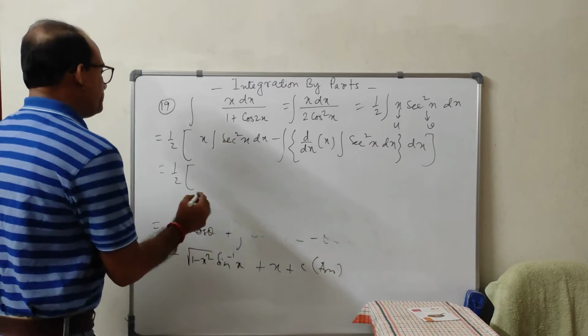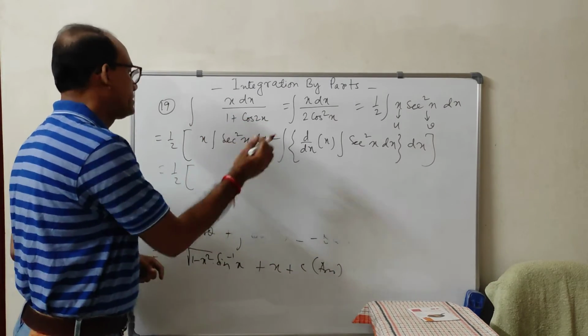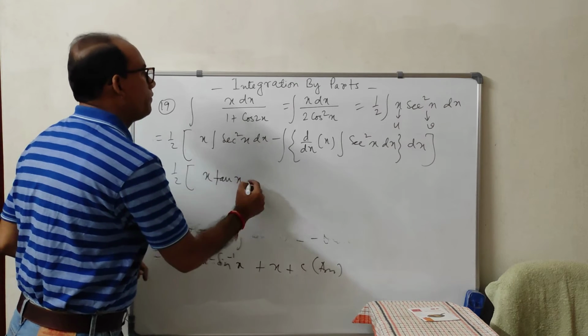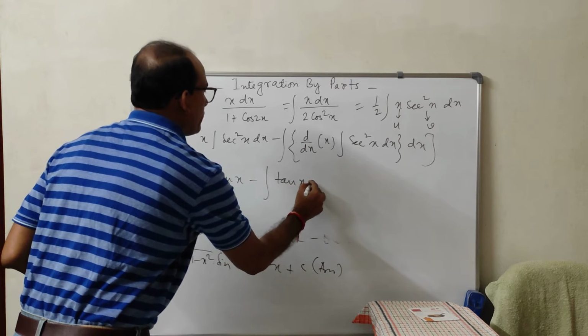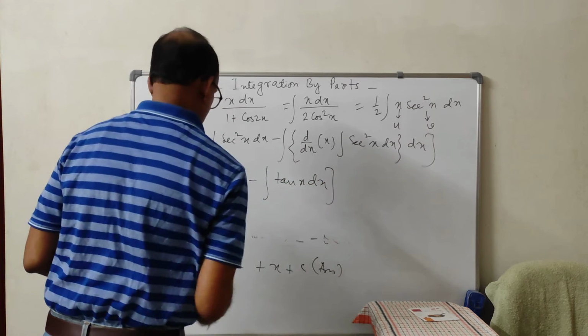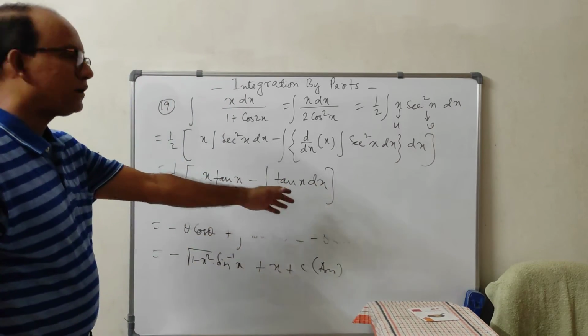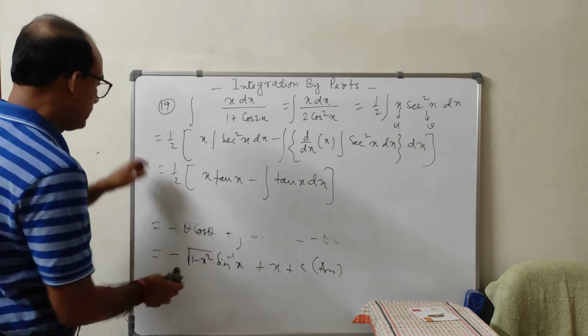Okay. What is integration sec square x? Integration of sec square is tan x. So x tan x minus integration, this is 1, this is tan x dx. Okay. Don't put, I repeat, don't put any constant of integration until all integrals are over. Okay.